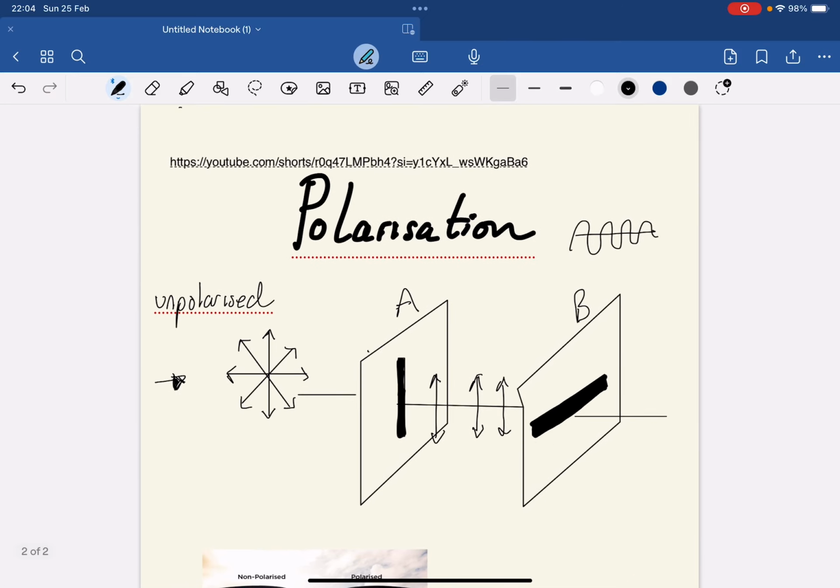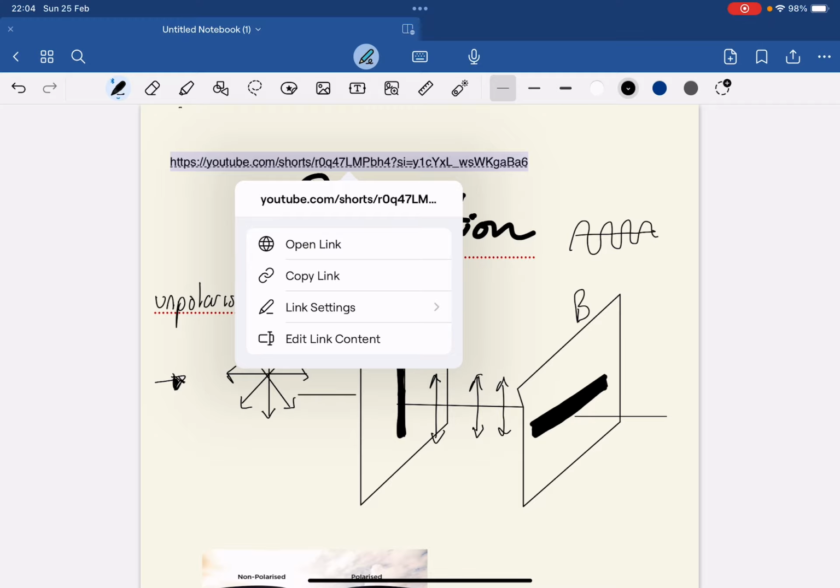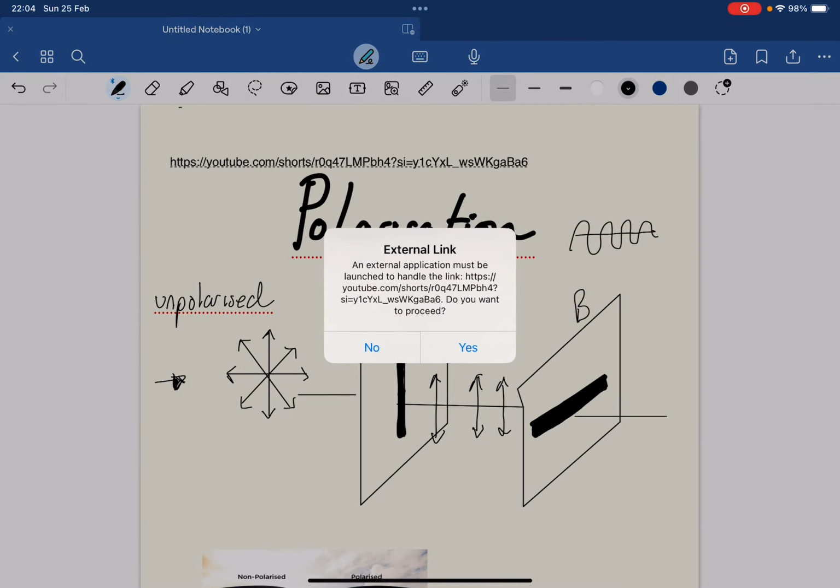Now, let me show you what this is like with a microwave. Remember, microwaves are an electromagnetic wave, so they are transverse.